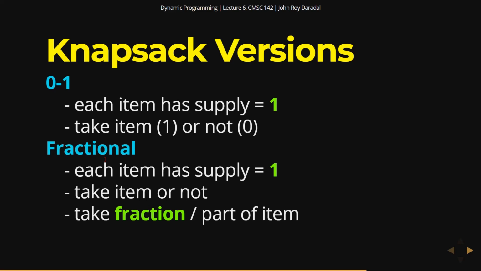But if it's a chocolate bar, you could take the whole chocolate bar, or you could break the chocolate bar if it doesn't fit anymore, right? So you could at least take a portion of the item. The fractional knapsack version, we will revisit later in the greedy algorithms lecture. But for now, we'll focus on unbounded and 0-1.